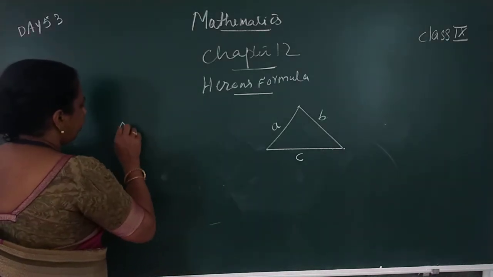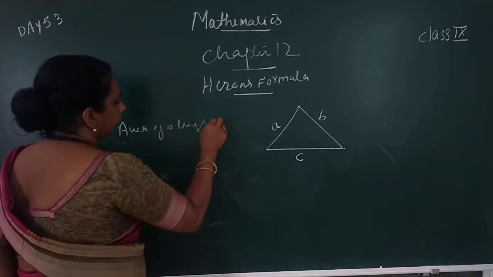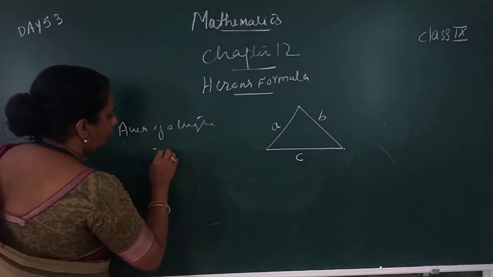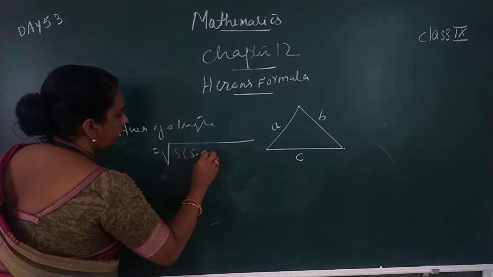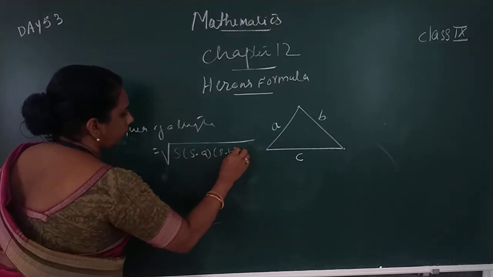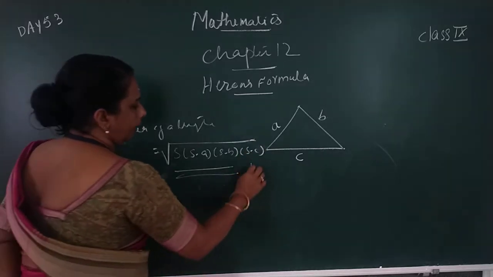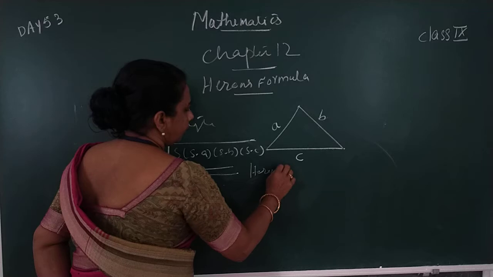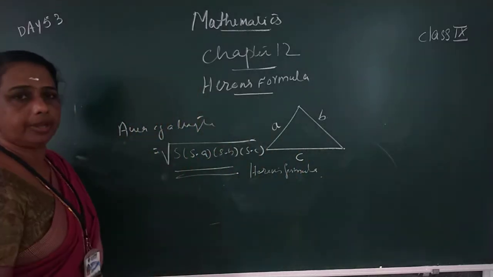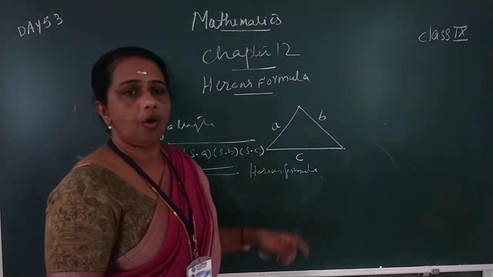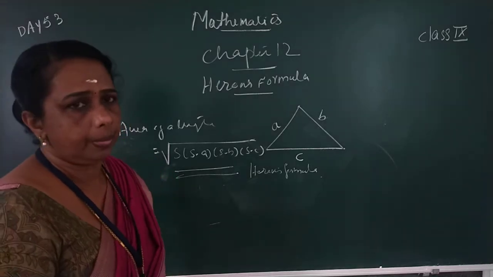The area of a triangle is equal to root of S into S minus A into S minus B into S minus C. This is called Heron's formula. Using this formula, we can find out the area of a triangle if the measurement of three sides are given.